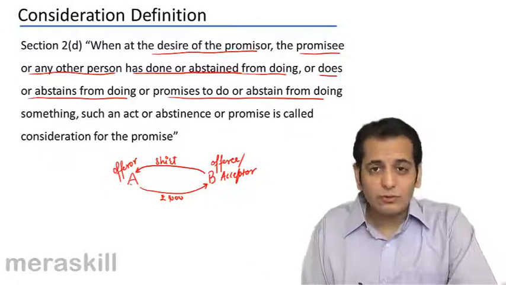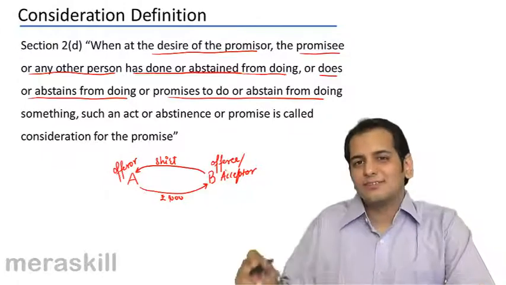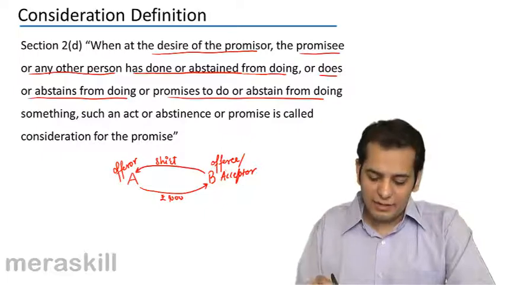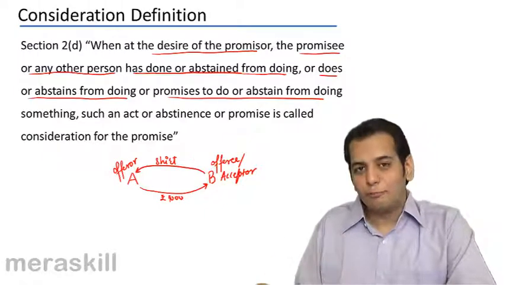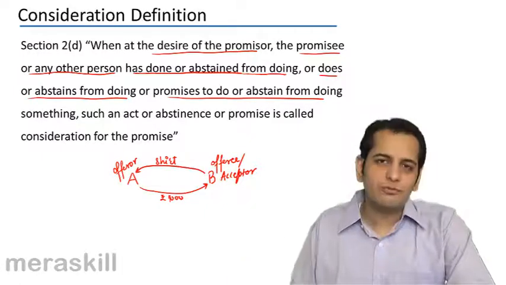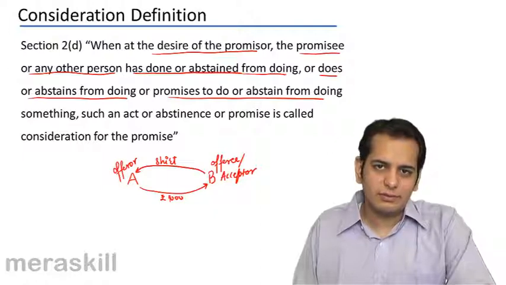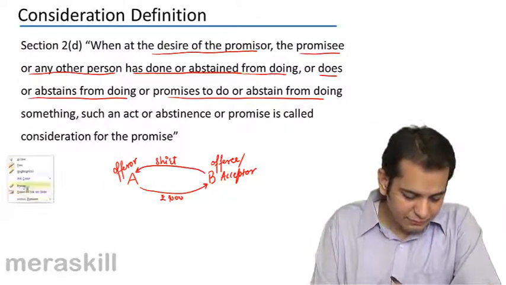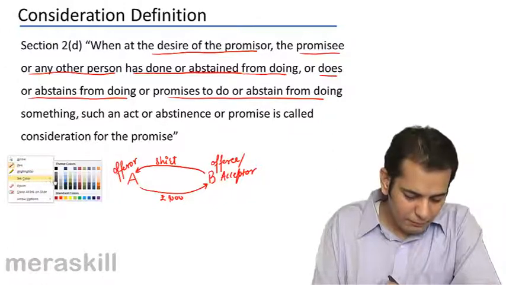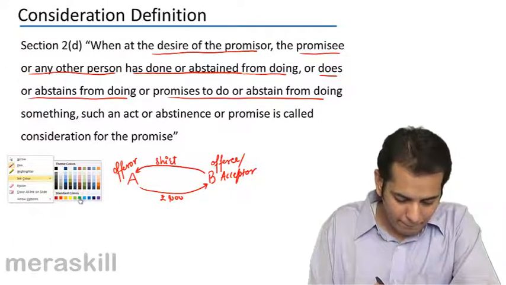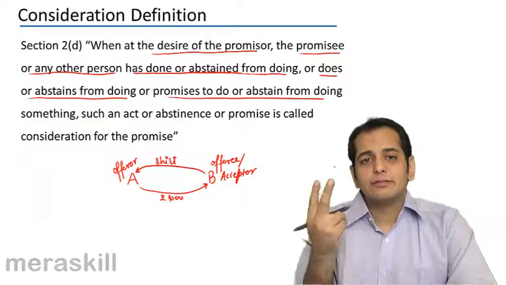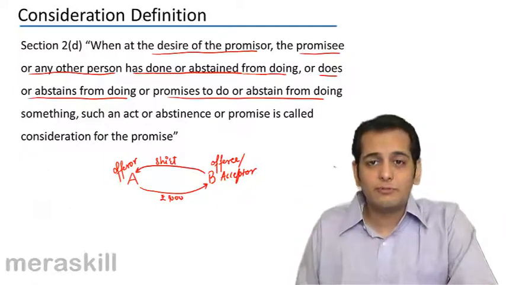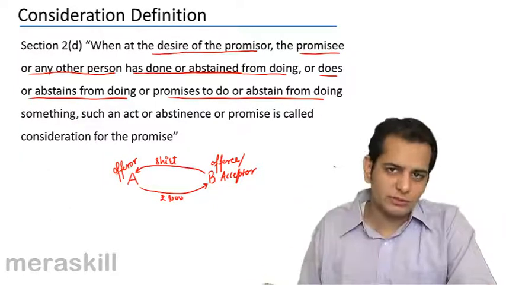The promise of A is consideration for B, and the promise of B is consideration for A. So in this case, we have two sets of promises, or rather two promises.